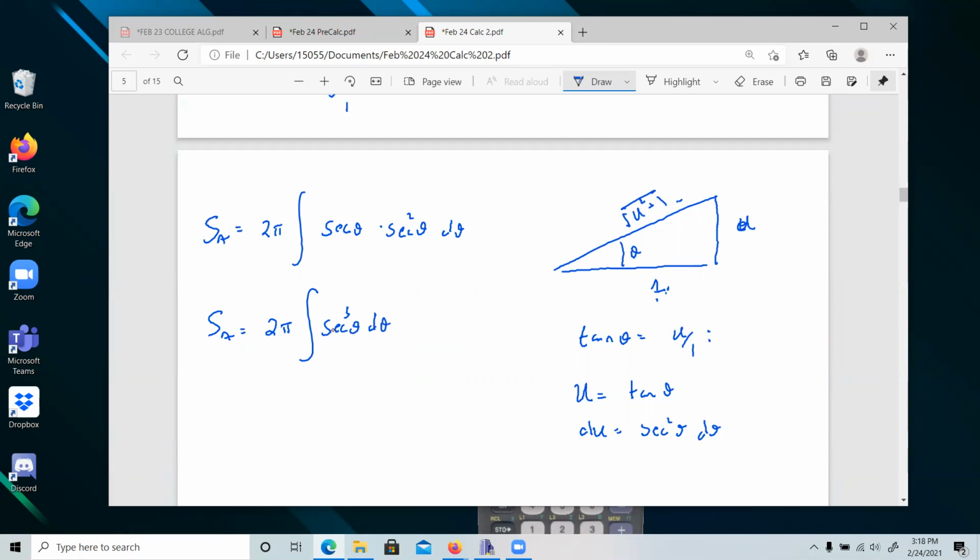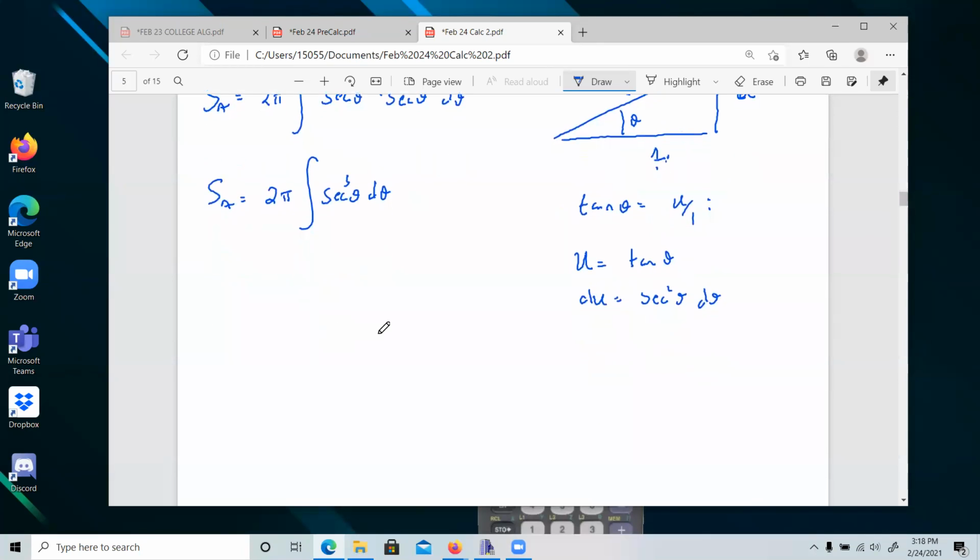I know we just did this one yesterday, so I'm going to cheat. I'm going to say my surface area is equal to the integral of secant cubed, because that's what it turned out to be last time. So this was secant theta tangent theta plus natural log of secant theta plus tangent of theta, and we're going to have our limits here.